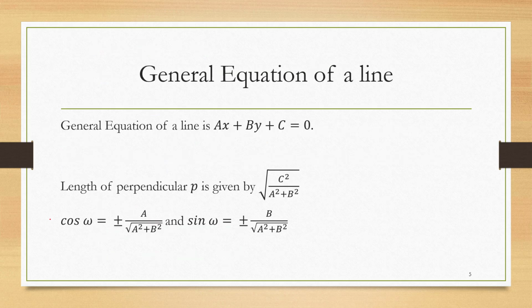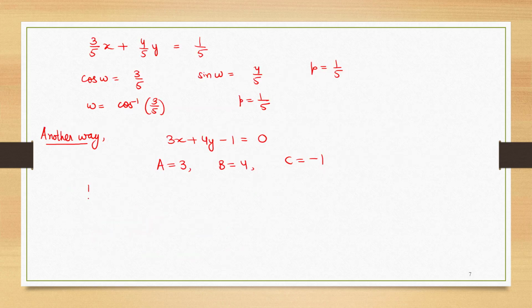Then, as given here, p is the square root of c square by a square plus b square. That is, the square root of 1 by 25, or 1 by 5. See, we have got 1 by 5 here also.